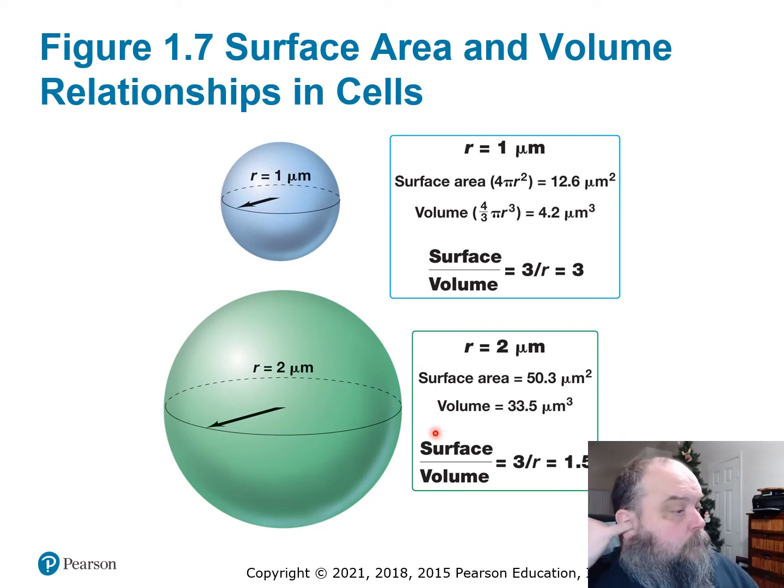Got to remember, volume is 4/3 pi r cubed, that's the volume of a sphere. If the radius is 2, the volume is 33.5. Surface area, 50.3.